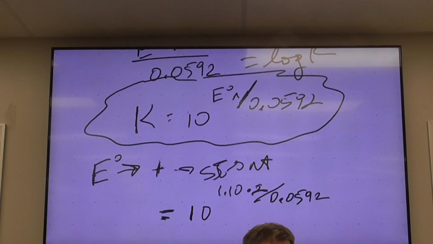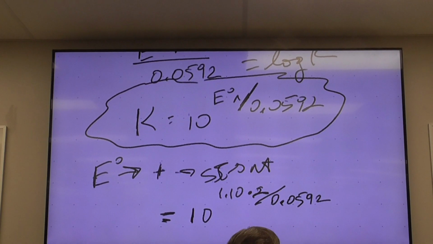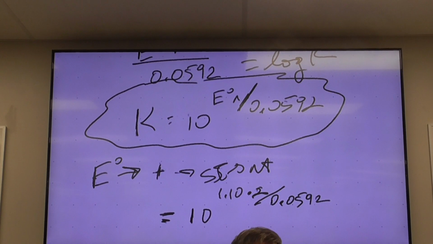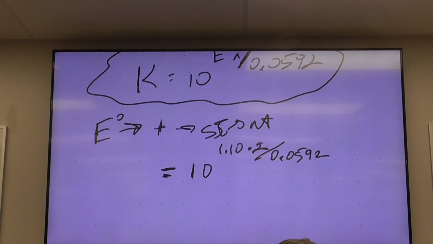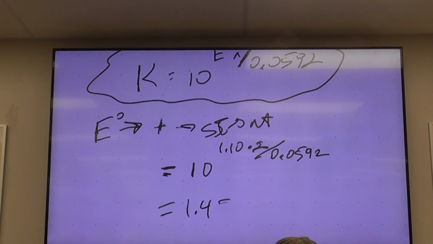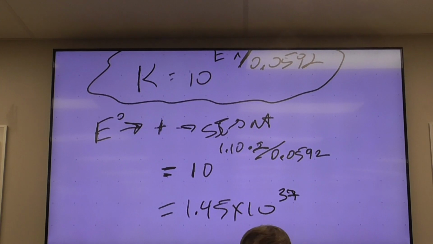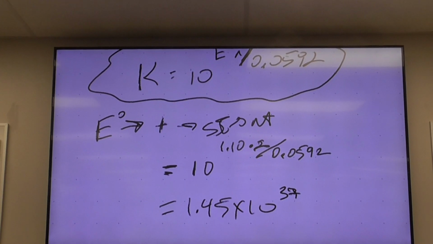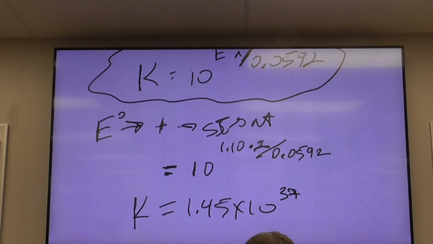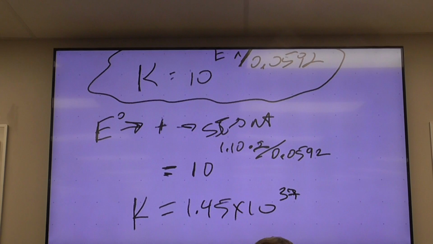It's going to be a pretty big number. What do you get? 1.45 times 10 to the 37. That's my K value. A pretty big number at that point, I'd say.